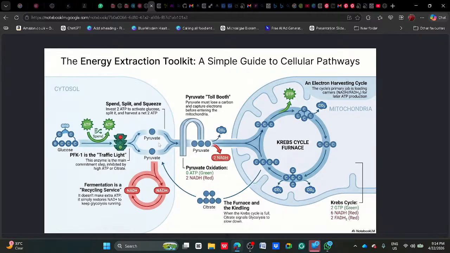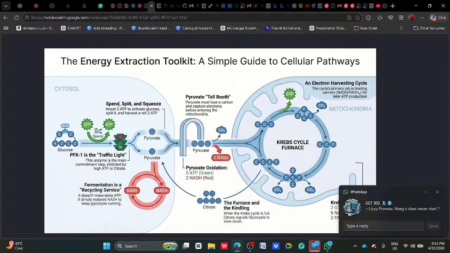Once it is invested, I want you to remember that PFK is going to split it into 2. If you look at this place, you will see that the 6-carbon compound will be split into 3-carbon compounds, called pyruvate. When it gets to the level of pyruvate, pyruvate now has 2 options.